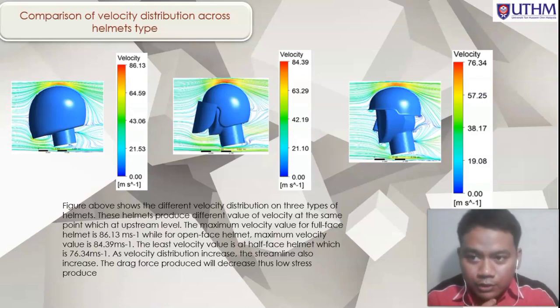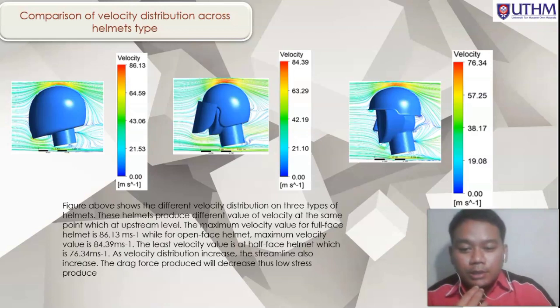For the result and discussion, first I ran the simulation, and the results obtained are in pressure and in velocity, the comparison of velocity distribution across the helmet types. The figure above shows the different velocity distribution on 3 types of helmet. These helmets produce different values of velocity at the same point, at upstream level.